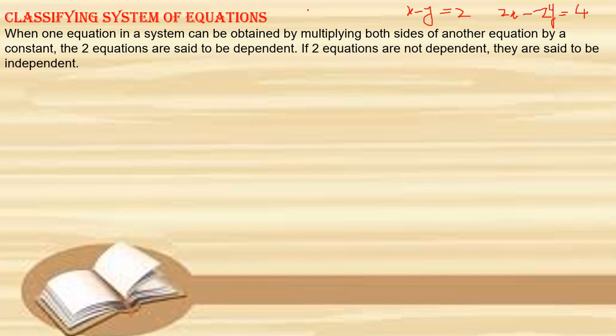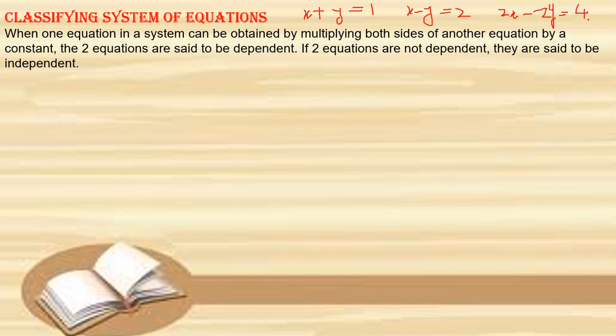And if we take, for example, the two equations x plus y is equal to 1 and x minus y is equal to 2, we are not getting any equation by multiplying a constant in one equation, so they are not related to one another, in the sense that multiplying by a constant does not give the second equation. So they are independent. So x plus y is equal to 1 and x minus y is equal to 2 are independent equations, whereas x minus y is equal to 2 and 2x minus 2y is equal to 4 are dependent equations.